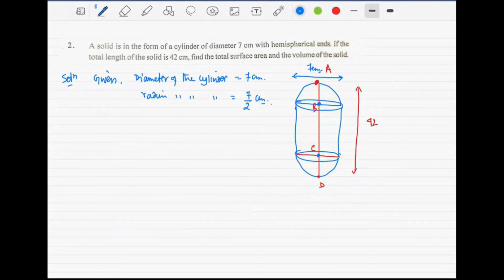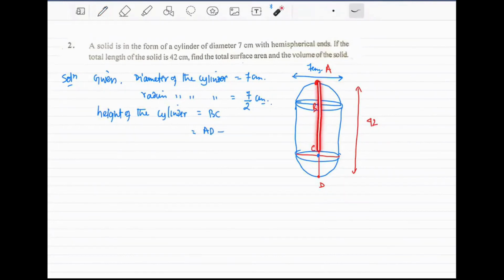So you mention here height of the cylinder. It will be what? BC. How to find out BC? From AD, the total, we are subtracting AB and CD. AD is 42, AB is 7 by 2, CD is also 7 by 2.